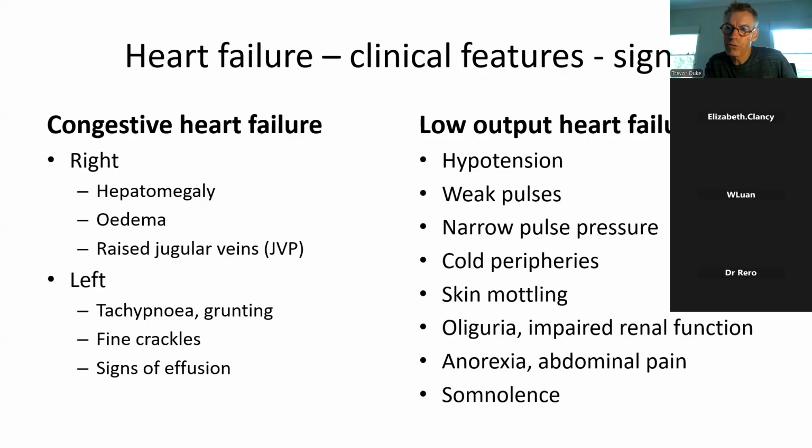And so patients will have hypotension because the systolic function of the heart's not adequate. It's not pumping blood around the body. They'll often have weak pulses because of a response of vasoconstriction. They'll often have a narrow pulse pressure because of this vasoconstricted circulation.